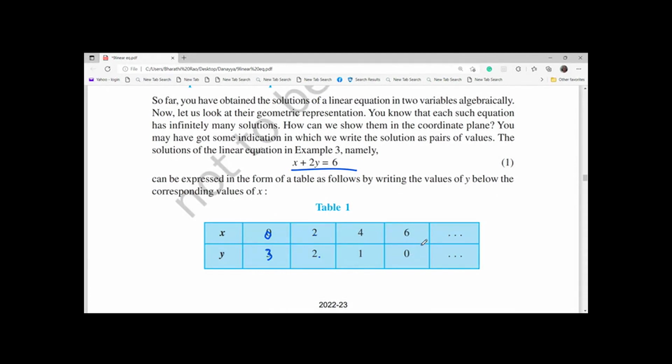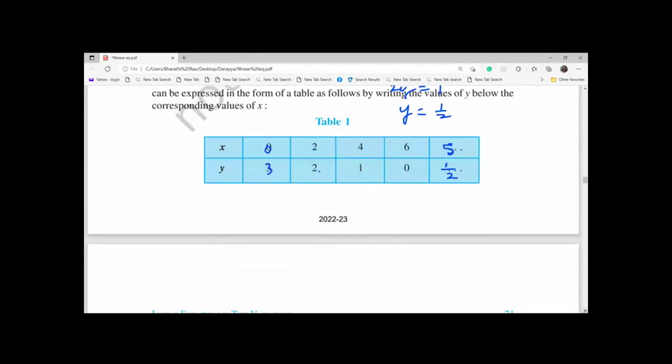If x is 5, what is y? So 2y equal to 6 minus 5, y equal to 1 by 2, 0.5. Correct.